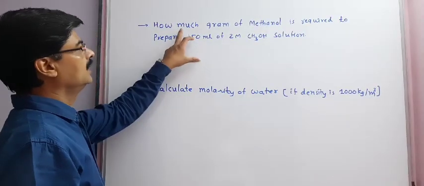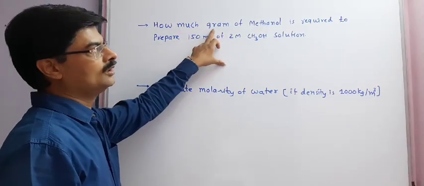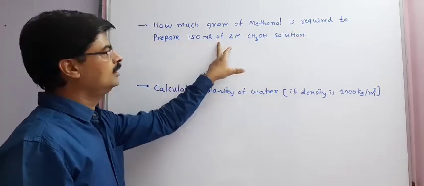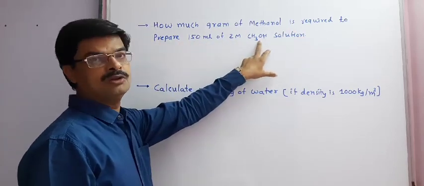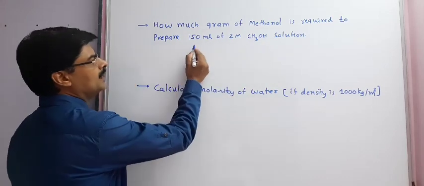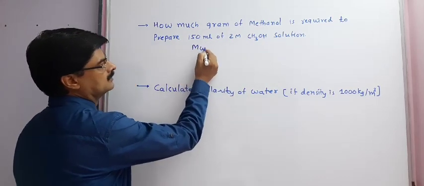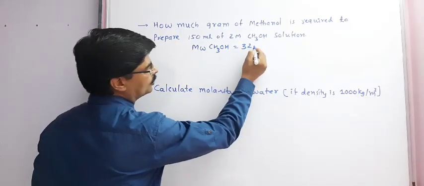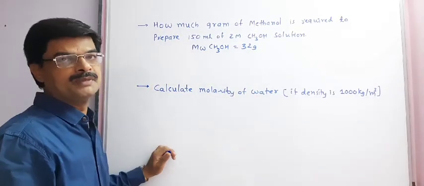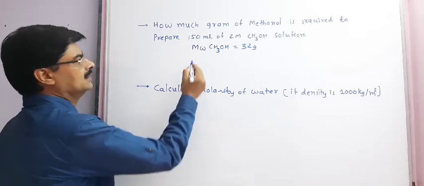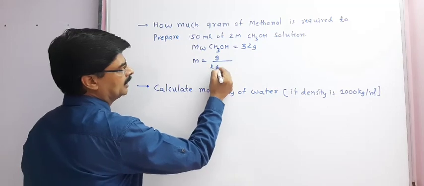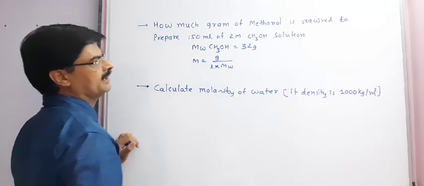The next question: how many grams of methanol are required to prepare 150 ml of 2 molar methanol solution? Molar mass of methanol is 32 gram. Now, molarity is equal to grams per liter into molecular weight.